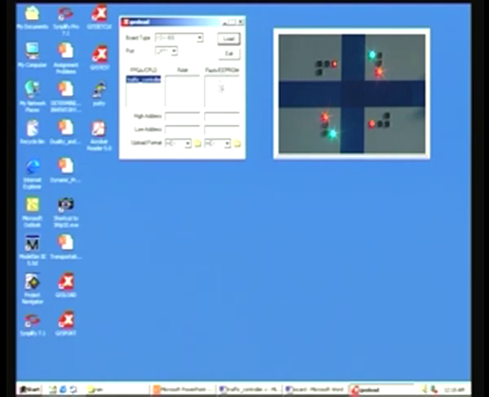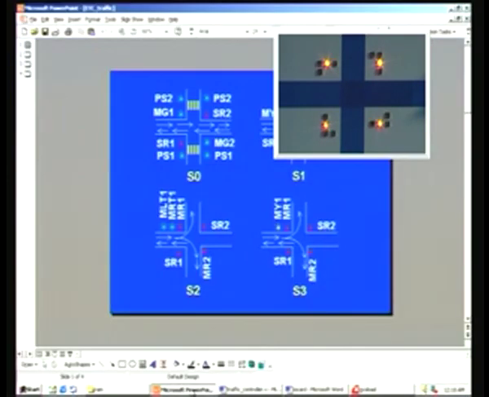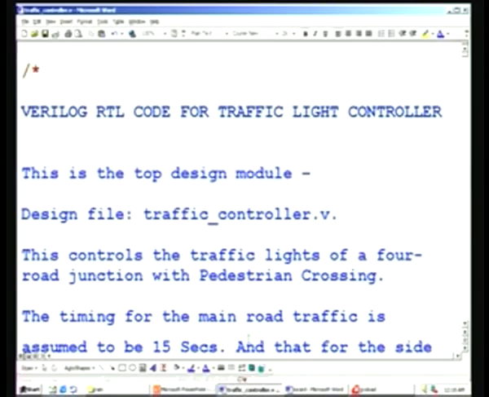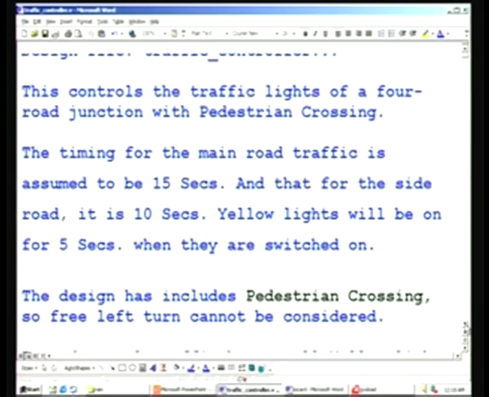Now, let us see what we have in the traffic controller. This is the traffic controller which we are already familiar with, and I am not going through the detailed description of the Verilog code which we have already seen earlier.